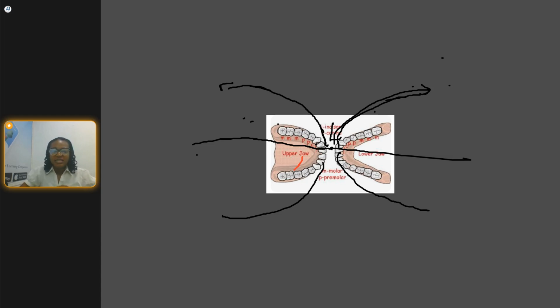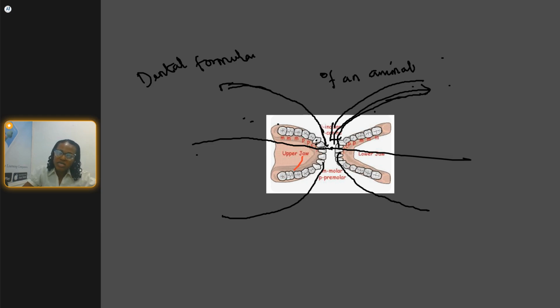The dental formula represents the number and types of teeth in half of the upper jaw and half of the lower jaw of an animal, which means that when we are writing the dental formula, we only consider what is here and what is here. Why? Because we don't want to do repetition.